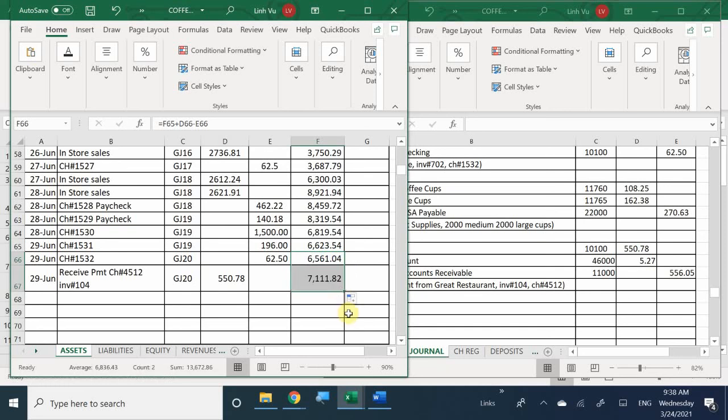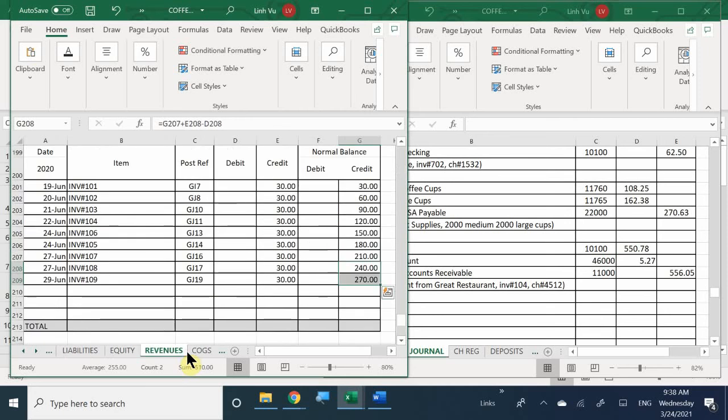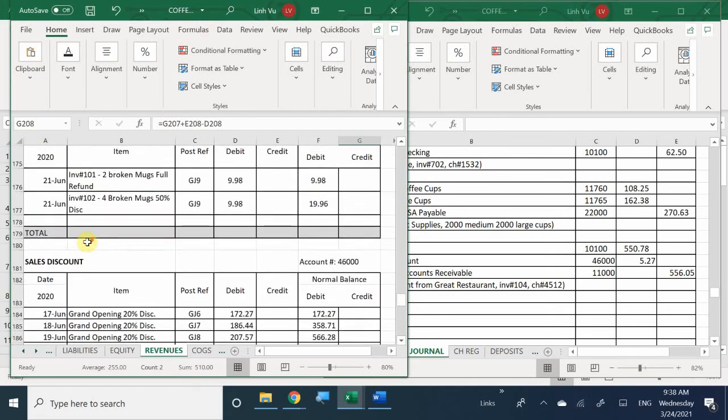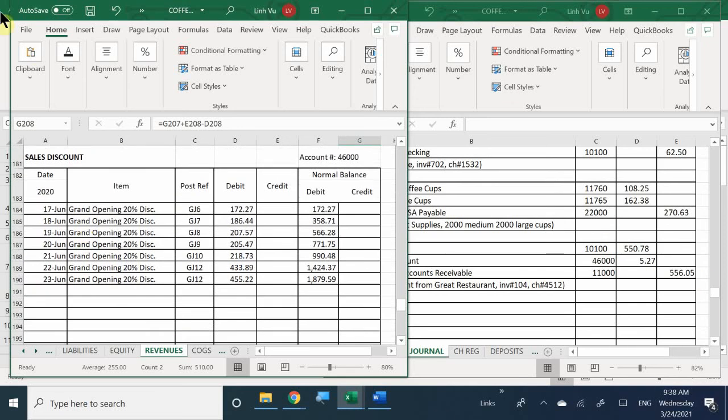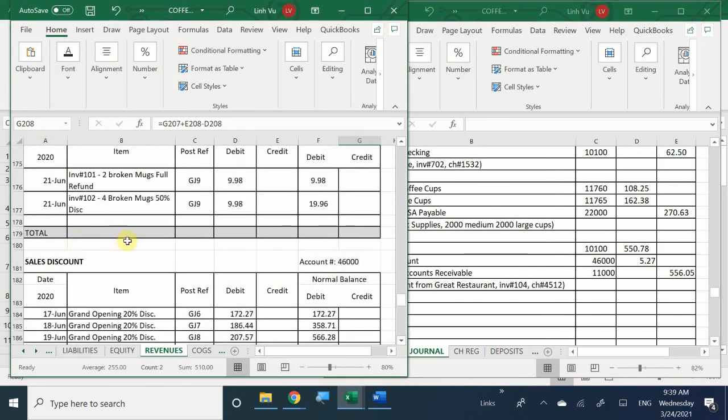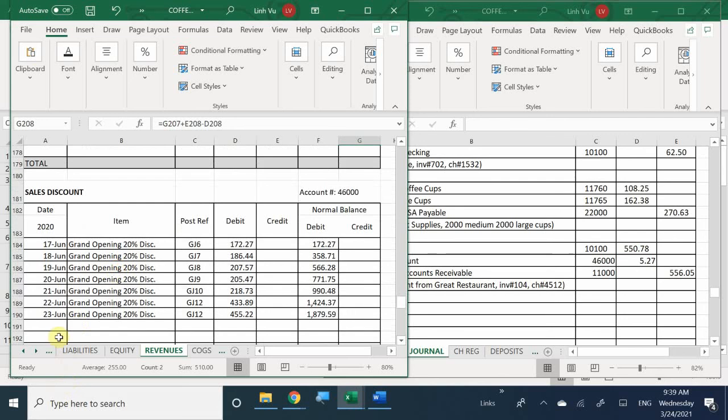Good. All right. We have a sales discount, so let's go to our revenues. Oh, okay. I'll edit that in a second. So sales discount should be fairly right here. 629.